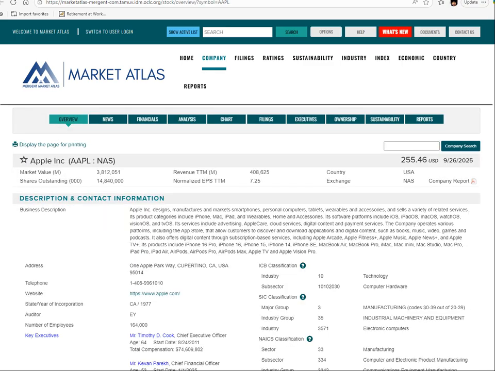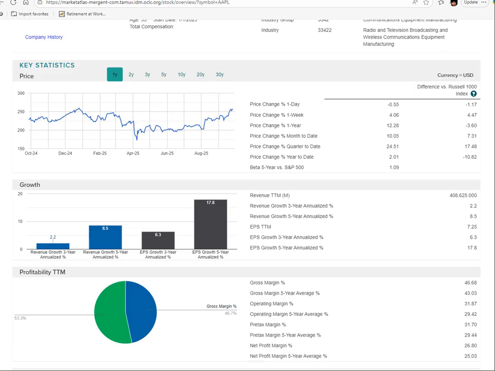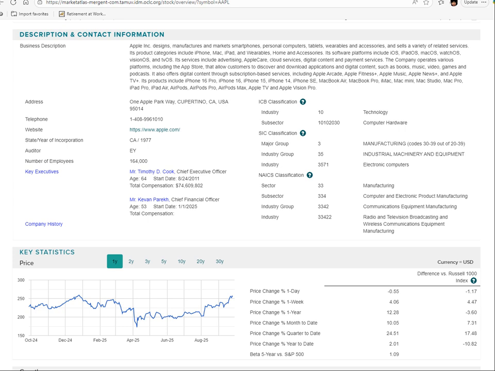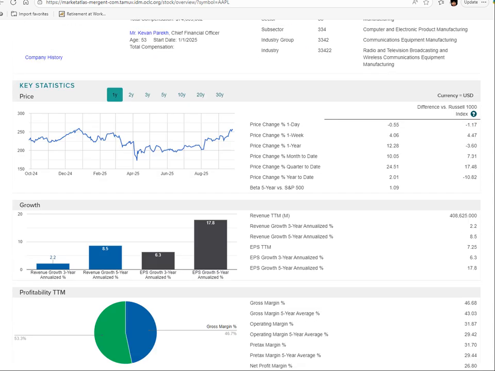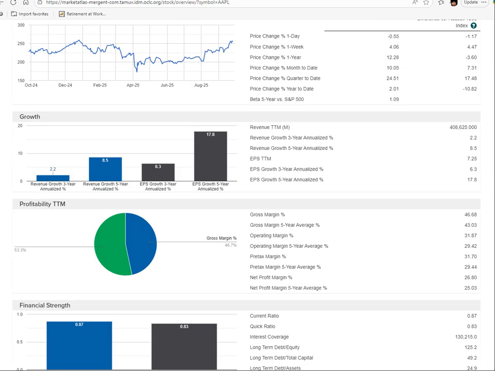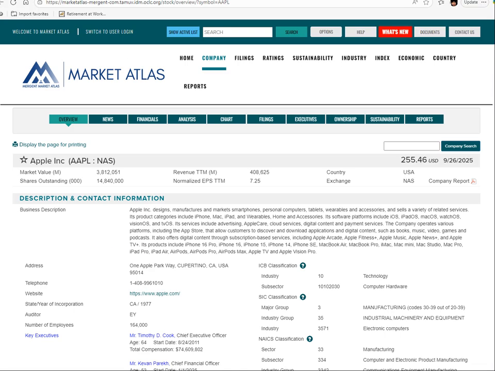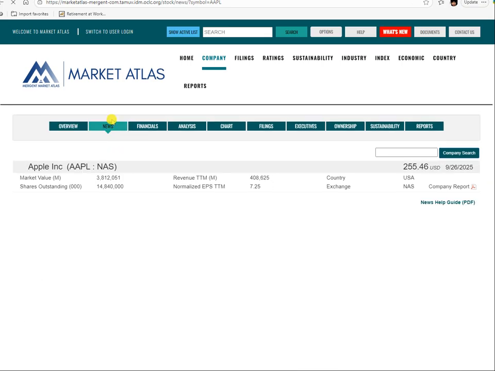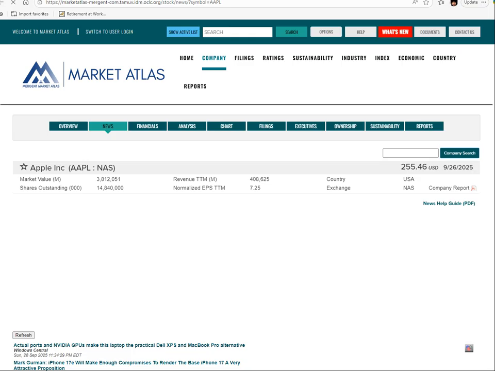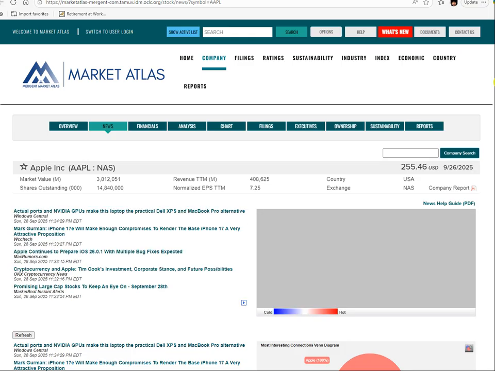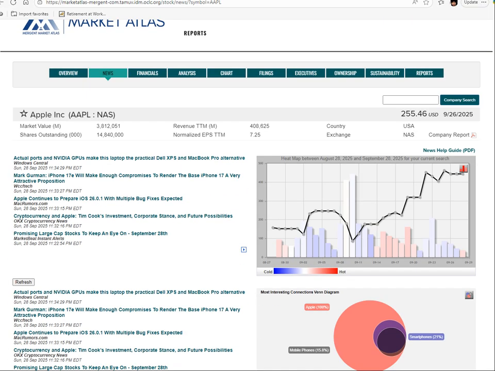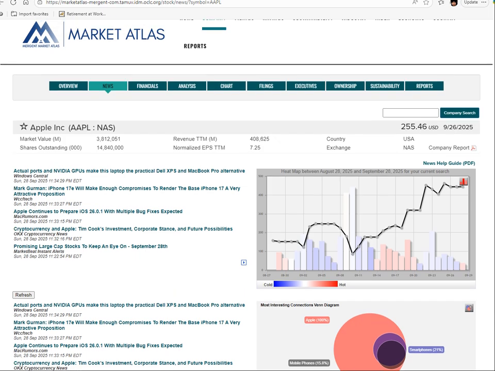So we have everything about Apple. We have an overview of Apple, containing the history of Apple, their stock performance, and financial analysis. You can check the news; it collects the recent news about Apple from various sources.